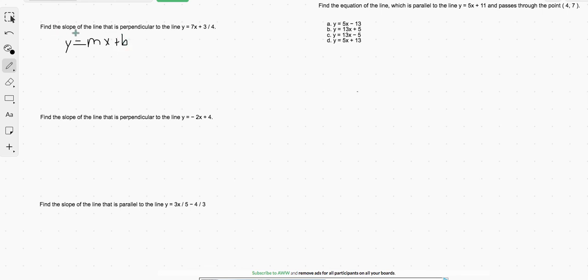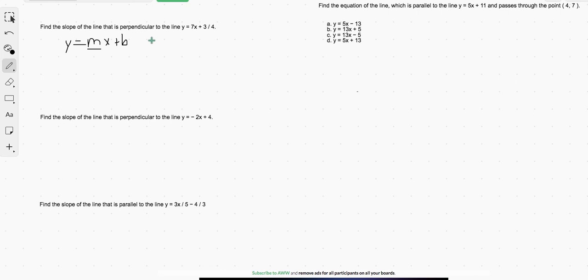If you guys know, m is the slope, b is the y-intercept, and y and x are the 2 points.